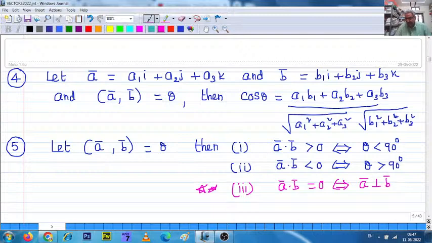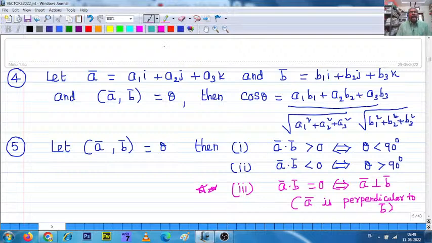And if the dot product is equal to 0, obviously a bar and b bar are mutually perpendicular, provided that a bar and b bar are non-zero vectors. So here we can write a bar is perpendicular to b bar. I hope it's very clear to you now.